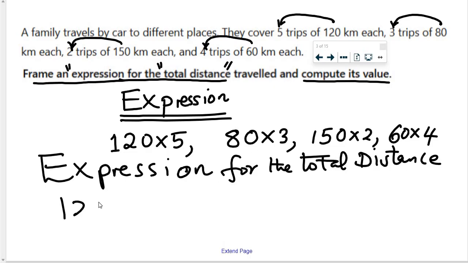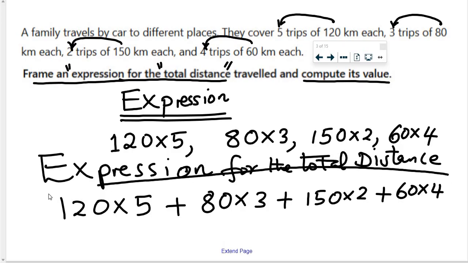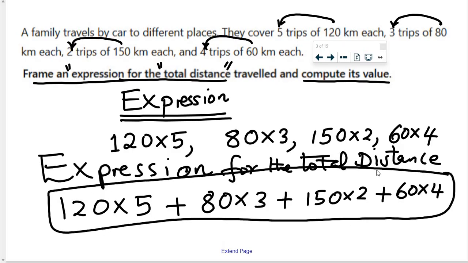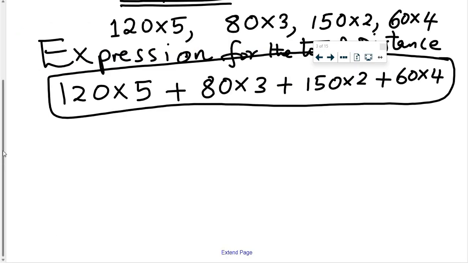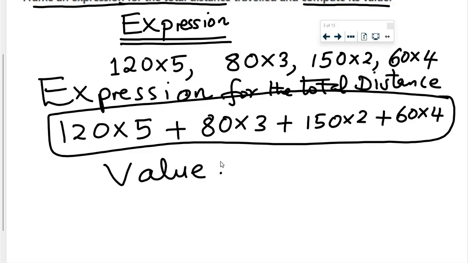So we have 120 into 5 plus 80 into 3 plus 150 into 2 plus 60 into 4. So this is the expression for the total distance. Right. Now, how do we calculate the value? That will be the second question. Value.